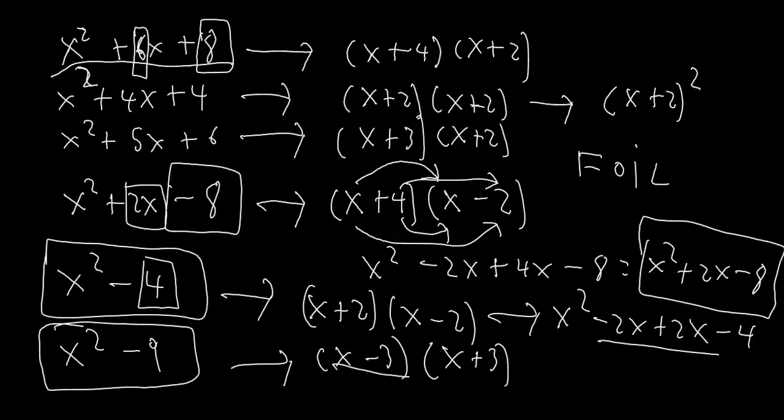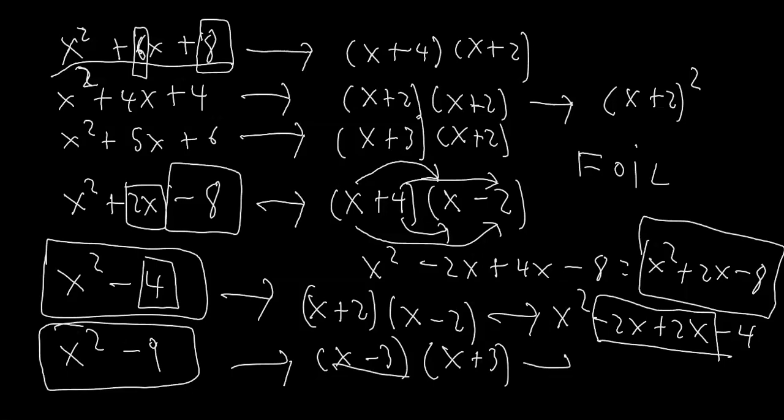As you can see here, these terms will cancel out, and then we'll just be left with x squared minus 4. And that's why we want to make the square root negative and positive, so that when they get multiplied by the x's, they can cancel out and we'll get what we were trying to factor originally.